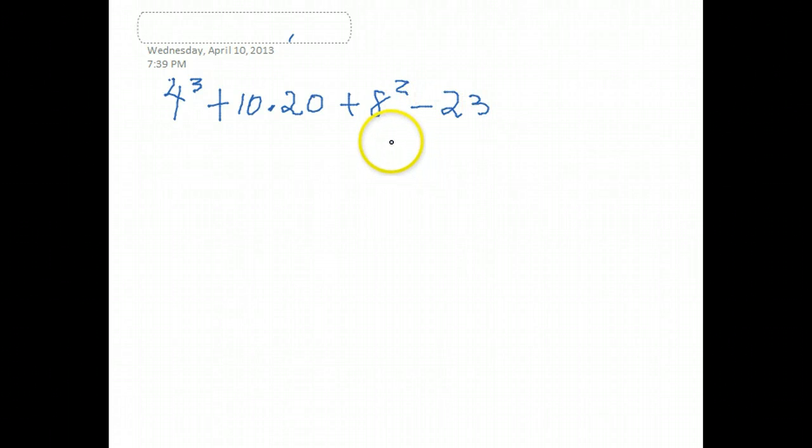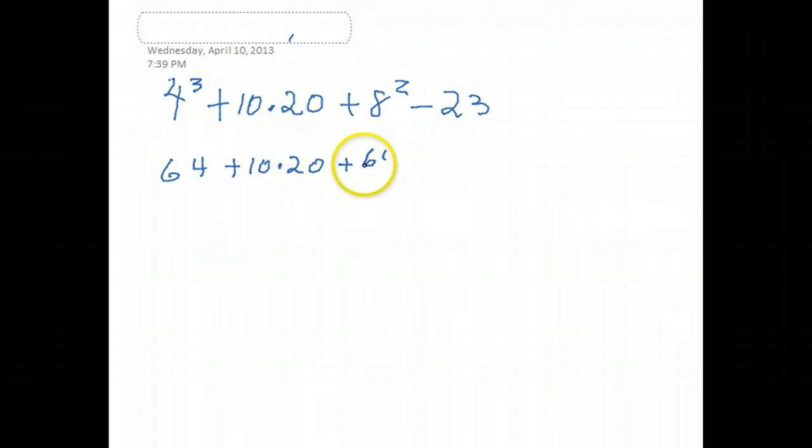Okay? So I have no parentheses here, so I'm going to do the exponents first. 4 times 4 times 4 is 64. And then I'm going to leave the 10 times 20 for a little while. And then I'm going to do the other exponent, which is 8 squared, which is also 64, minus 23.